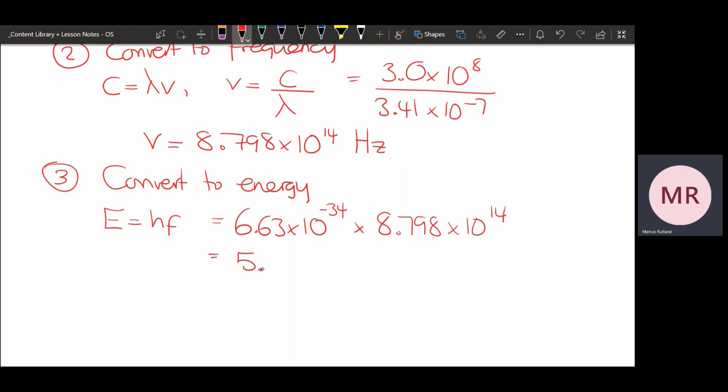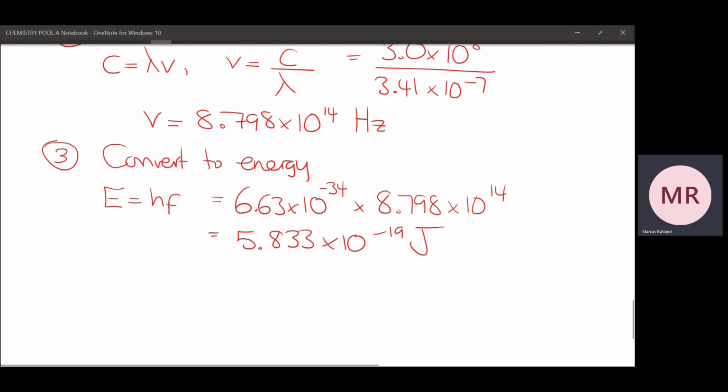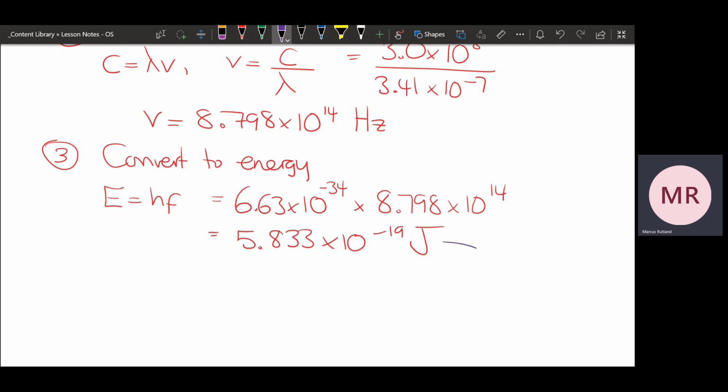So that's 5.833 times 10 to the minus 19 joules. So this is the energy required to break one bond. It's the energy supplied by one photon. So it's going to break one bond.